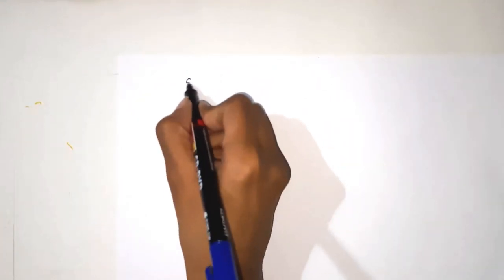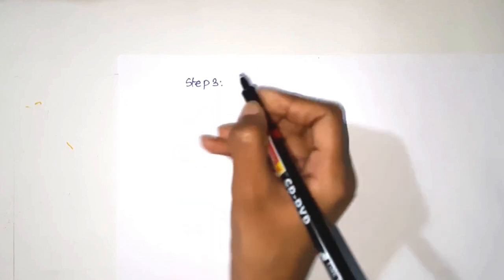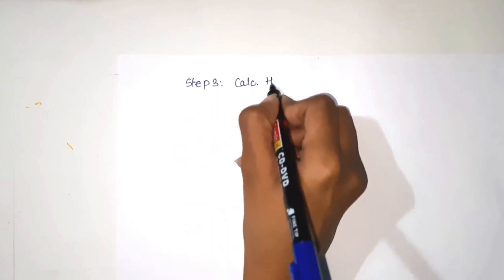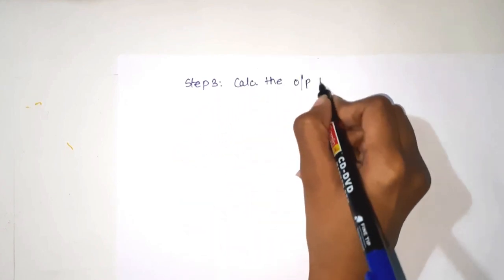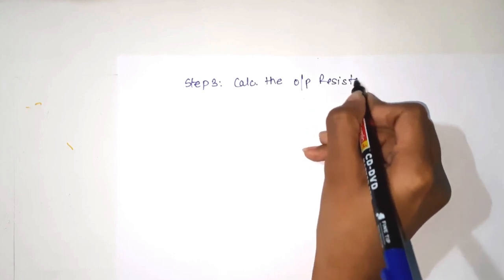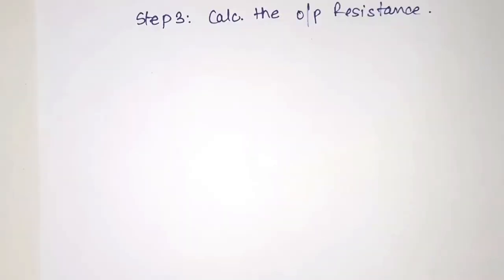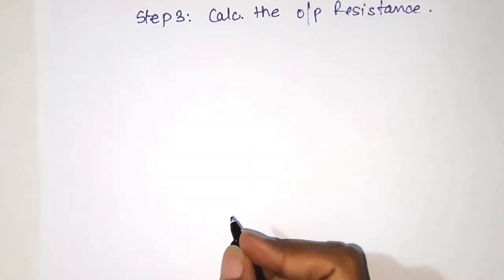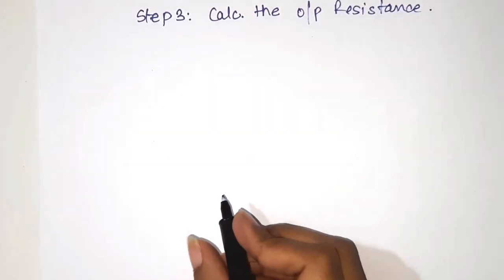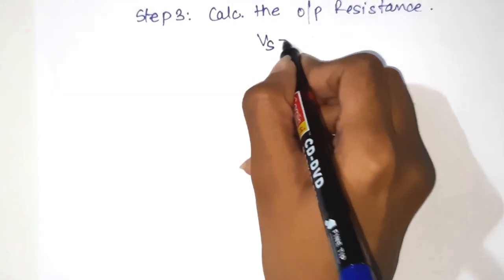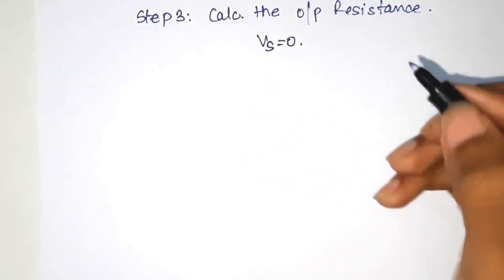Now for output resistance, that is step 3. So let us consider that we have step 3 as to calculate the output resistance. Now if we want to calculate the output resistance, let us first consider that it is obtained by considering Vs equal to 0 to obtain the value of RO.